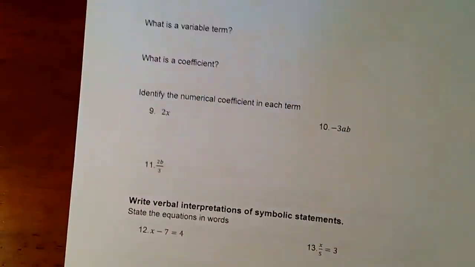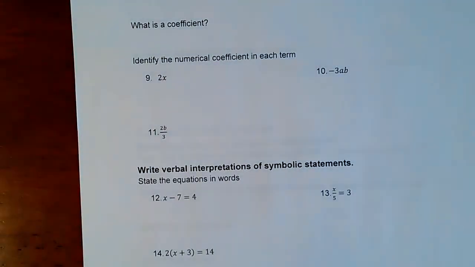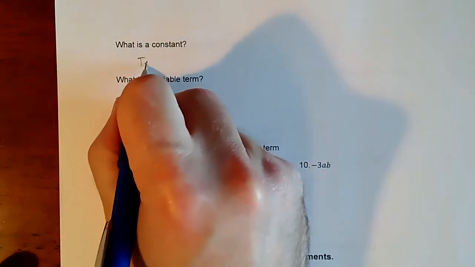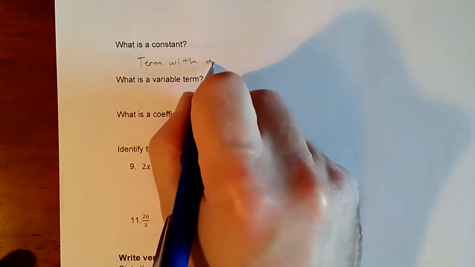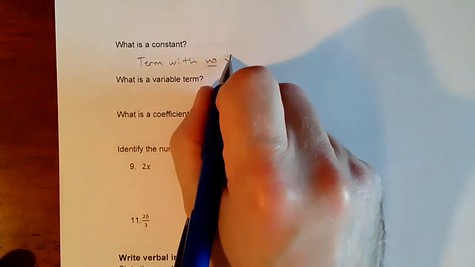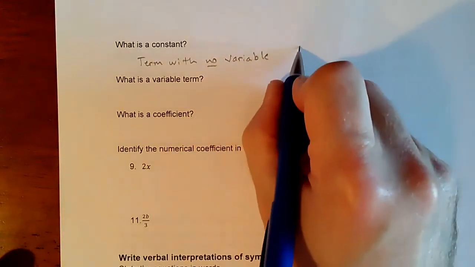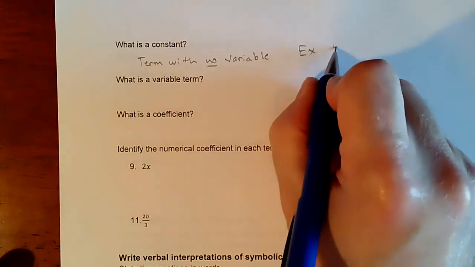Within these terms, you have some different names. We have a constant. A constant is a term with no variable. An example is just a number.